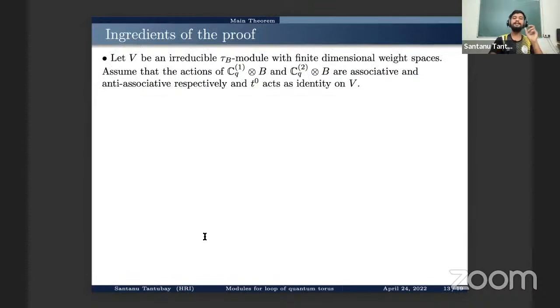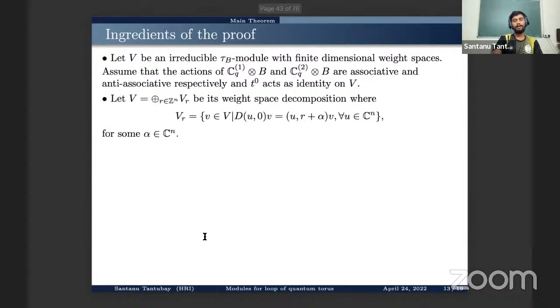Okay, so suppose V is an irreducible tau V module with finite dimensional weight spaces, and assume the action of CQ1 tensor B is associative, the action of CQ2 tensor B is anti-associative, and T0 acts as identity on V. Suppose V is the direct sum over r in Z^n of V_r, its weight space decomposition, where V_r is the set of all vectors v in V such that d(u,0) acting on v is (u, r) plus alpha times v for all u in C^n.